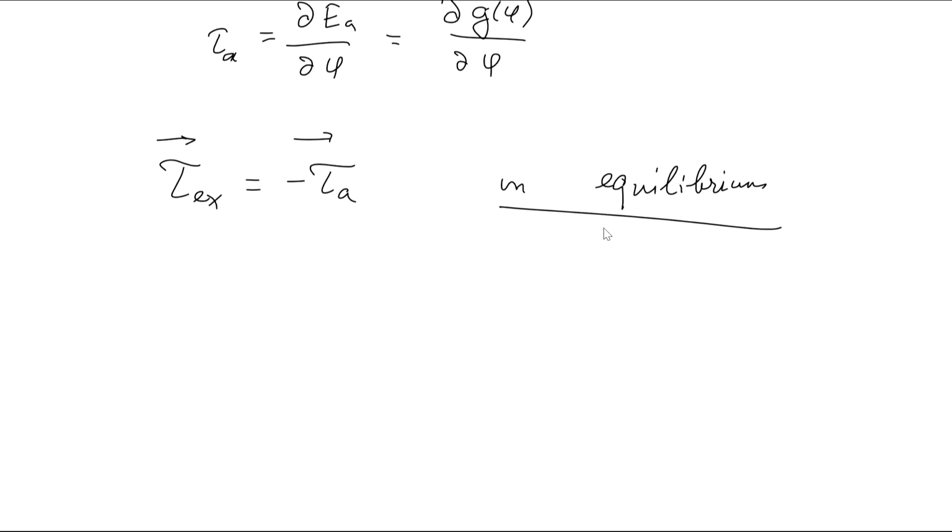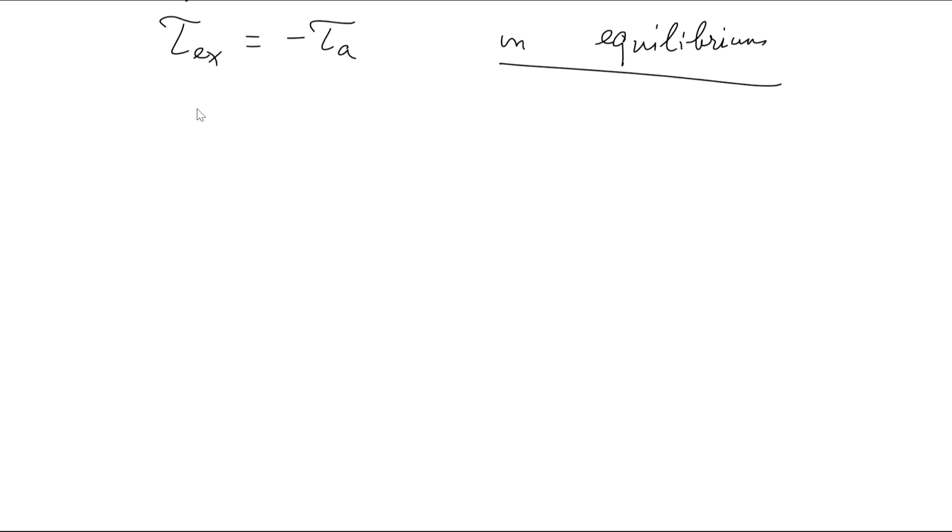Okay, so what it would mean is we can substitute those two. This condition for equilibrium means that the exchange energy should balance the anisotropy energy, and the torque generated by the exchange interaction should balance the torque generated by the anisotropy.